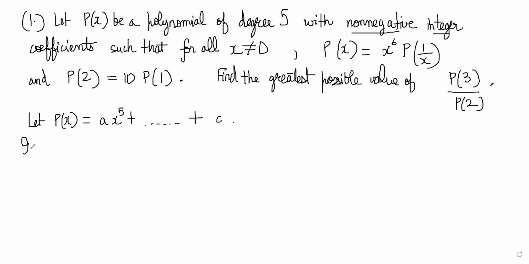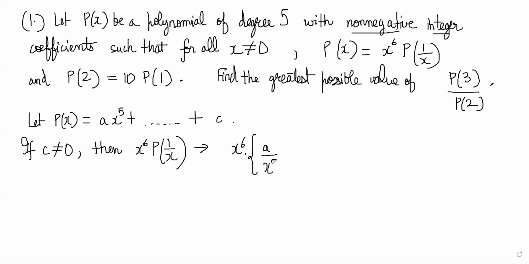So let's look at the polynomial x power 6 p of 1 by x. Let's try to think of this polynomial. So this is going to be x power 6 times p of 1 by x, which is a by x power 5 plus so on plus c. And notice that this will become a into x plus some terms plus c into x power 6, right?